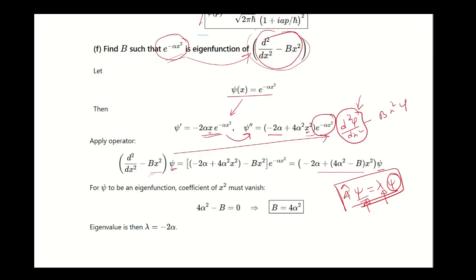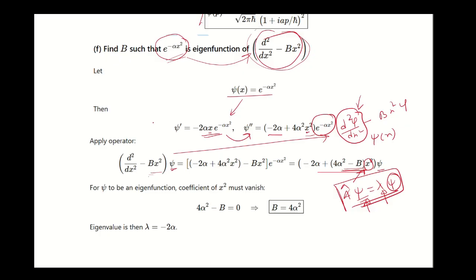Since x is a variable here and psi depends on x, if we leave this x term, it does not make the eigenvalue equation. To make it an eigenvalue equation, we have to vanish, that is, remove this term.